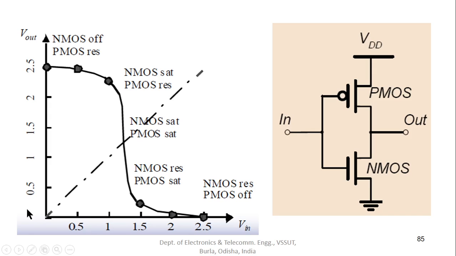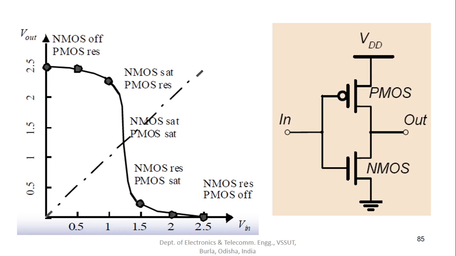Basically, the way we can affect the design of CMOS inverters, or the VTC characteristic of the CMOS inverter, is by controlling the value of the ratio KR.